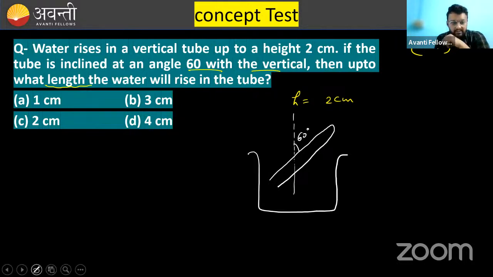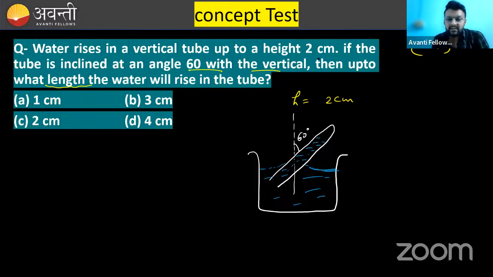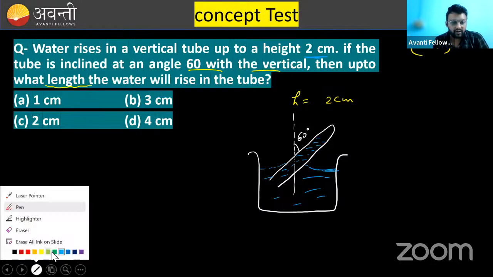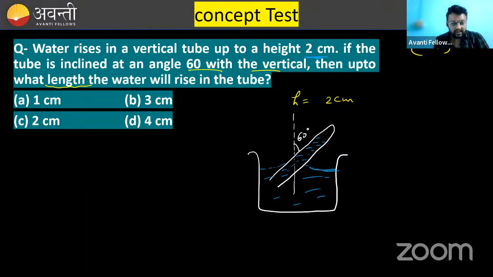Let's suppose this is the water filled in the tube, and this is where the water rises. When water rises up to a height of 2 centimeter, this H is the vertical height.